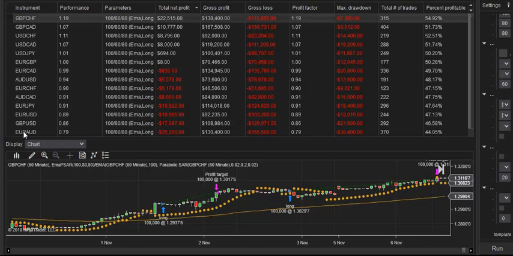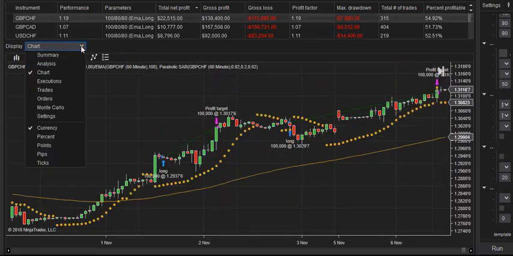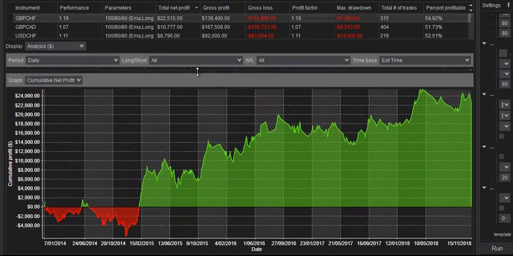Okay, so let's just quickly have a look at a bit more data in there, just so you can see. We'll have a look at the Pound Chief graph here. Let me get this up for you a bit.